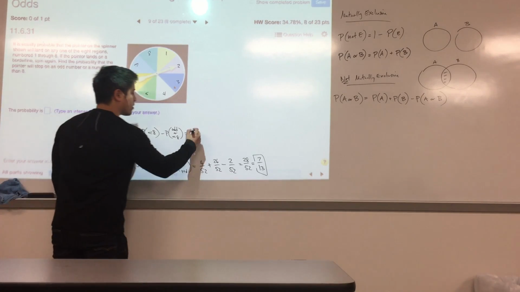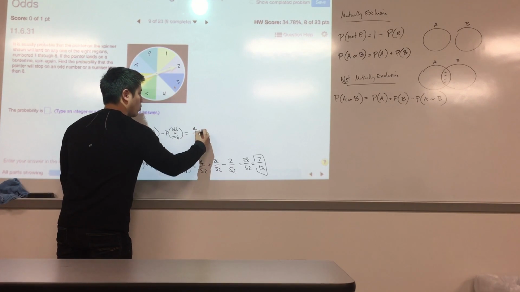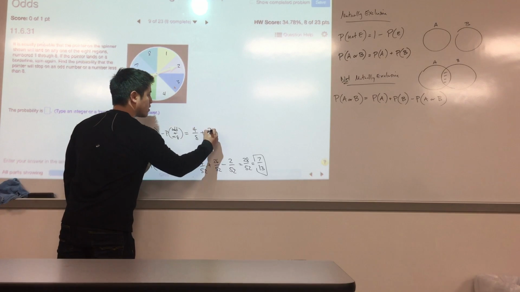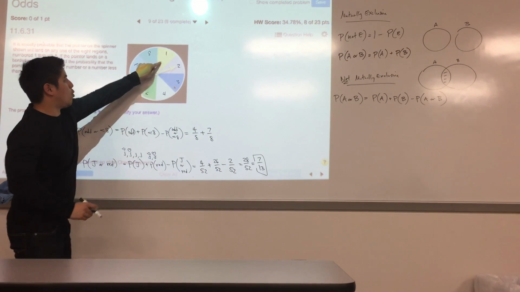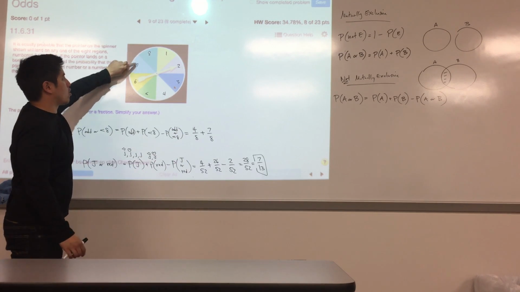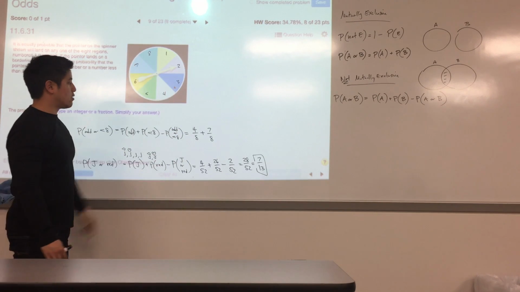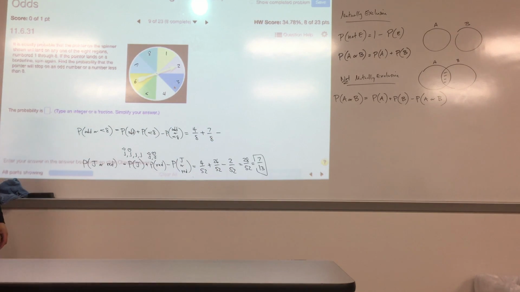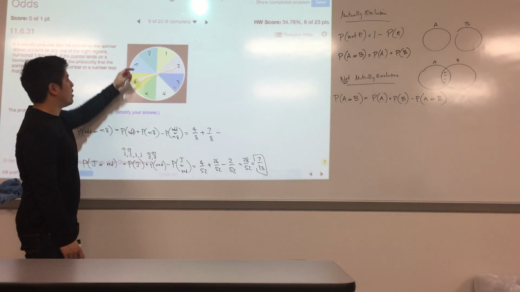Okay, what's the probability of getting an odd number? 4 out of 8. Good job. What is the probability of getting a number less than 8? 7 out of 8. There are 1, 2, 3, 4 odd numbers. There are 7 out of 8 numbers less than 8 minus, what are the duplicates? 4 duplicates, right?